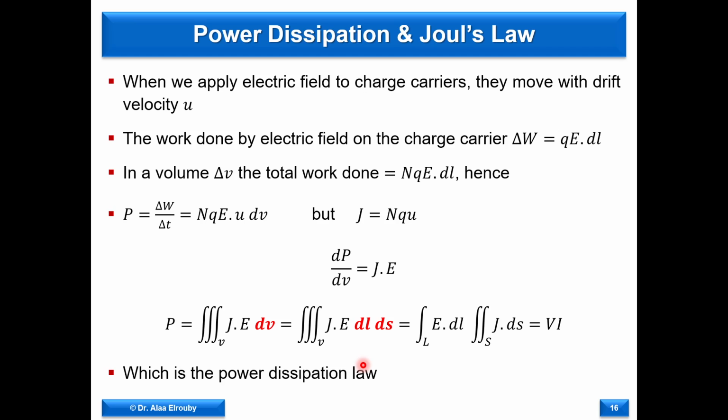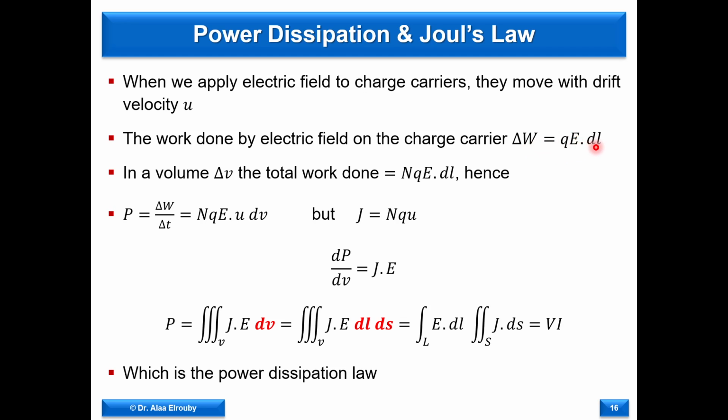Also, through the equations that we learned so far, we can talk about the power dissipation. When we apply an electric field to charge carriers, when we have some free charges in a medium and we apply an electric field, they move with velocity u, and the work done by the electric field on the carrier can be calculated.